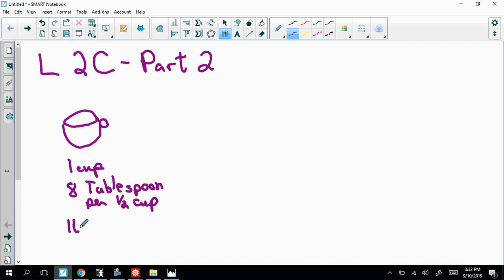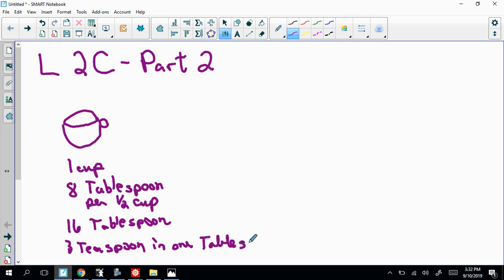Therefore, there's 16 tablespoons in a cup. But I also cook, and there's 3 teaspoons in 1 tablespoon. So, bottom line, I've got 48 teaspoons of coffee.